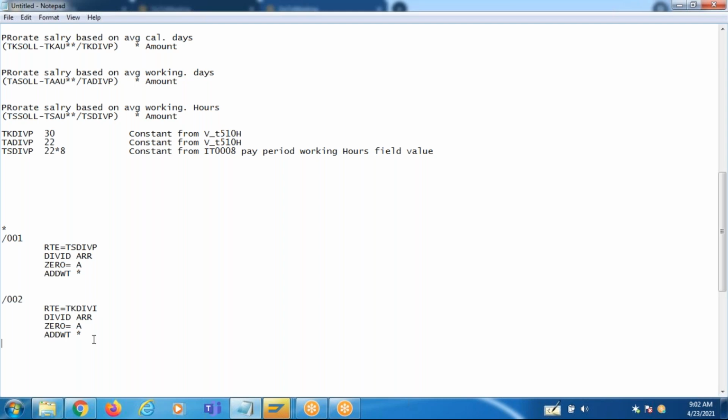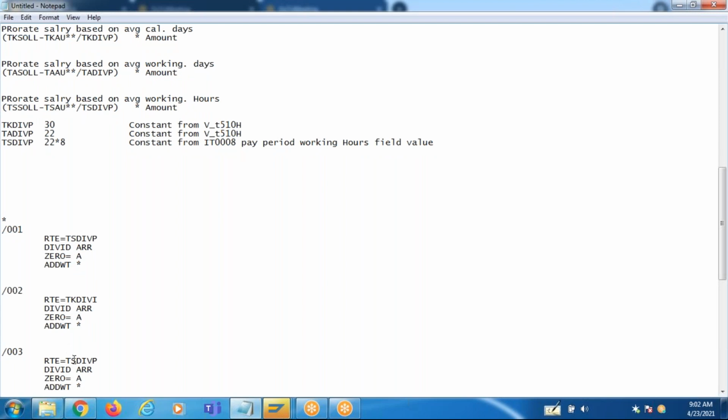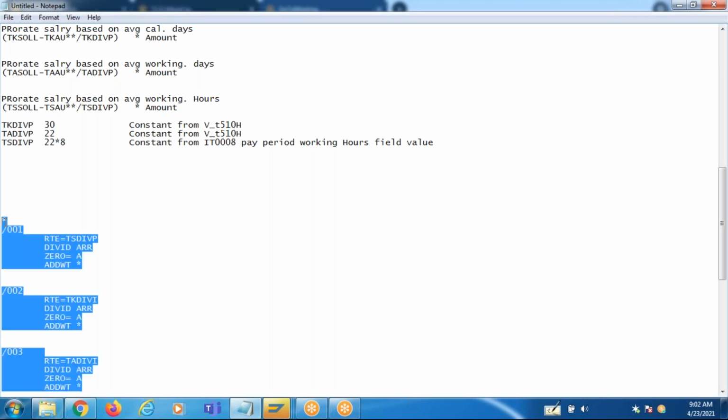Now the third rate is what? /003. I said working days. TA, DIVP. So if you write this rule, it can work in any calendar month. It can work for any frequency. It can work for any work schedule rule, be it a 6 days or a 5 days work schedule rule.